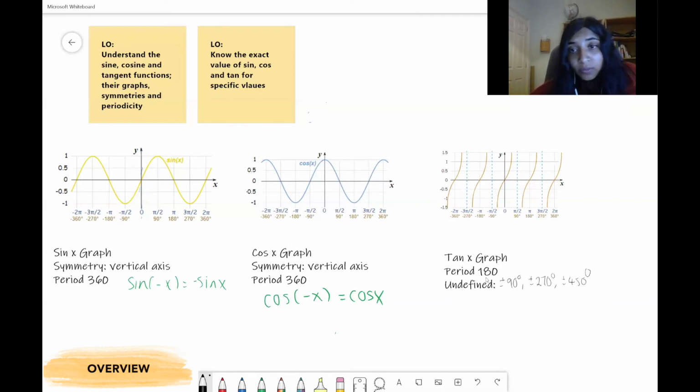And the other property is that, unlike sine and cos, which have a period of 360, this one repeats itself every 180 degrees. So that means it has a period of 180.